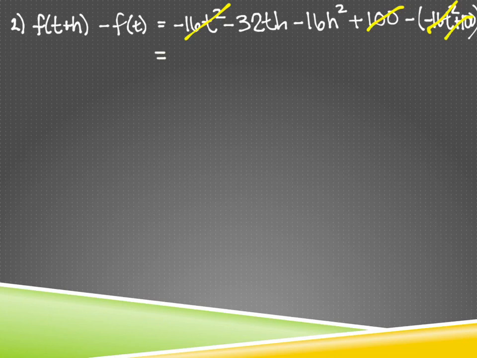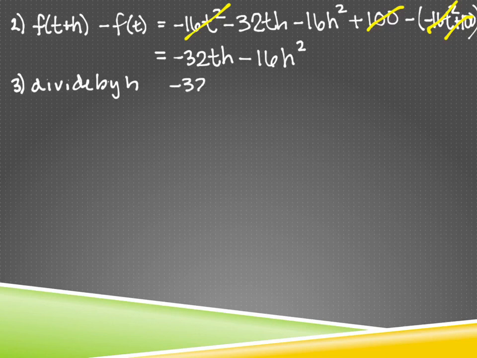So this leaves me with negative 32th minus 16h squared. Much shorter than it was before. What's step three? Divide by h.